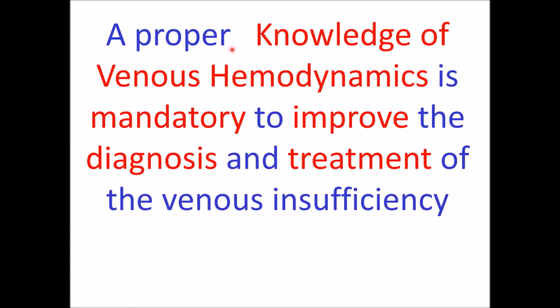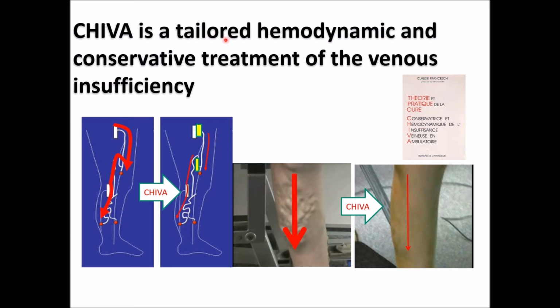A proper knowledge of venous hemodynamics is mandatory to improve the diagnosis and treatment of venous insufficiency. CHIVA is a tailored hemodynamic and conservative treatment of venous insufficiency, with here the mapping, the strategy with 2 disconnections under local anesthesia, and the result here: collapse of the varicose vein without any ablation.